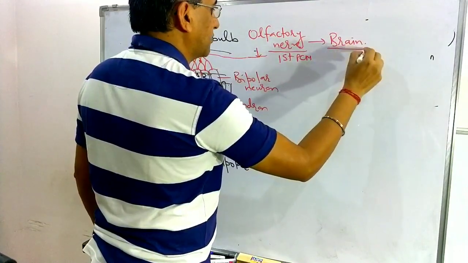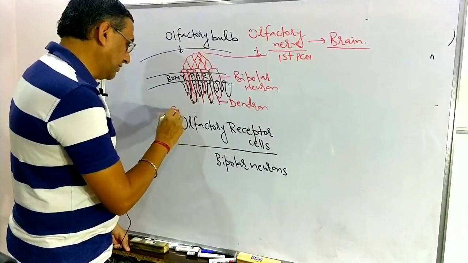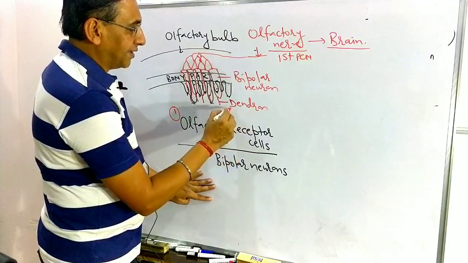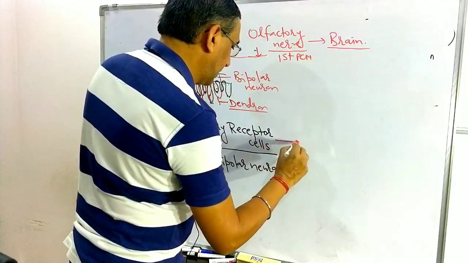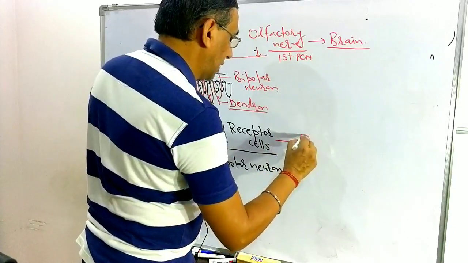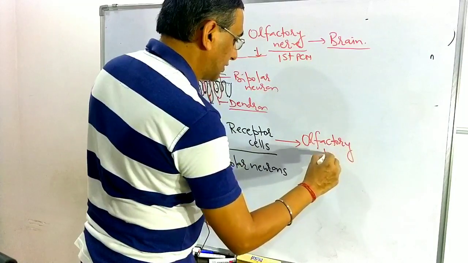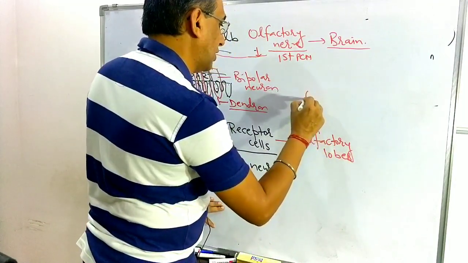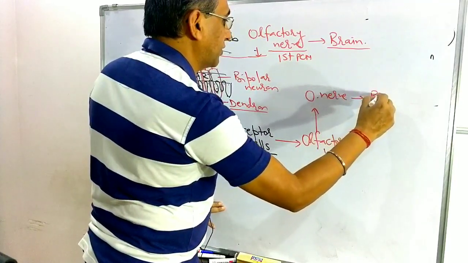Where is it going? It is going up to the brain here. So what is the sequence? First, who is collecting the sense of olfaction? The olfactory receptor cells, through their dendron. Now just see, from here the sense of olfaction goes into the olfactory lobes. From the olfactory lobes it goes into the olfactory nerve, and from the olfactory nerve it goes up to the brain.